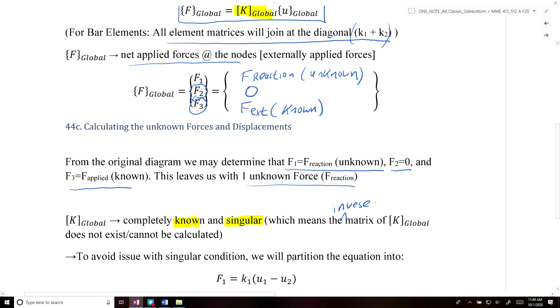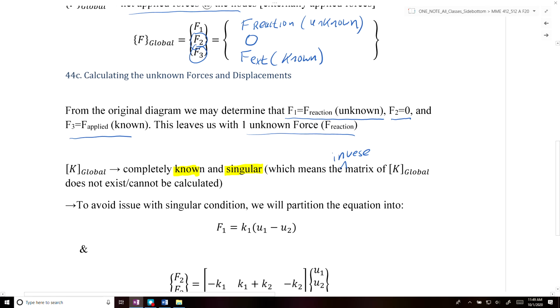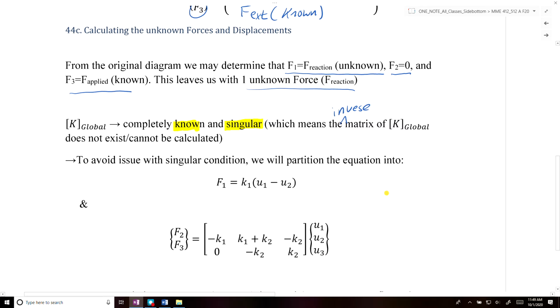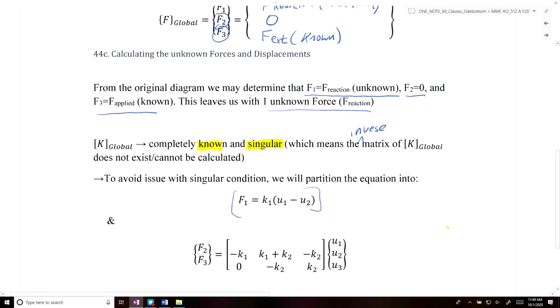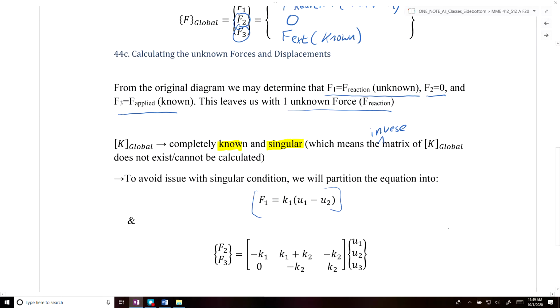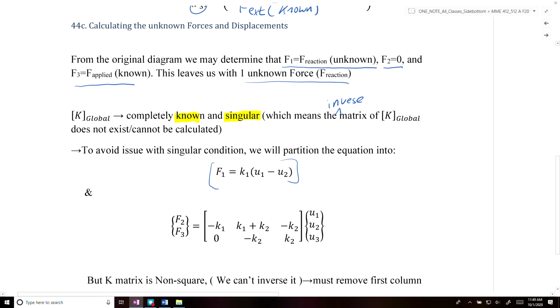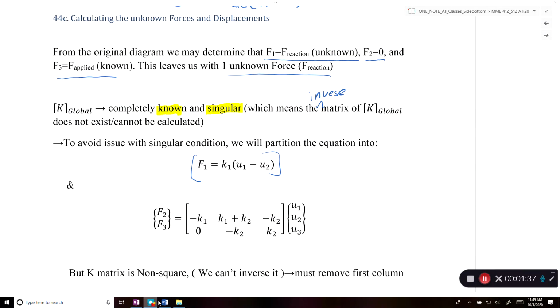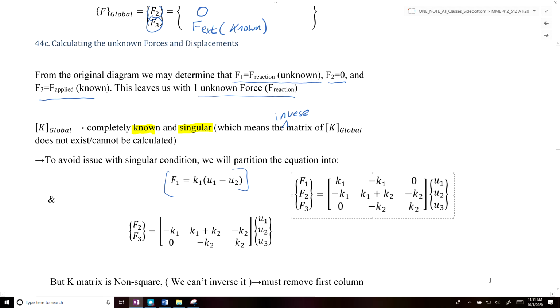So to avoid the issue with the singular condition, we will partition our matrix equation into two parts. We're going to separate F1 from the original matrix, and we're going to separate F2. So we originally had this global matrix.